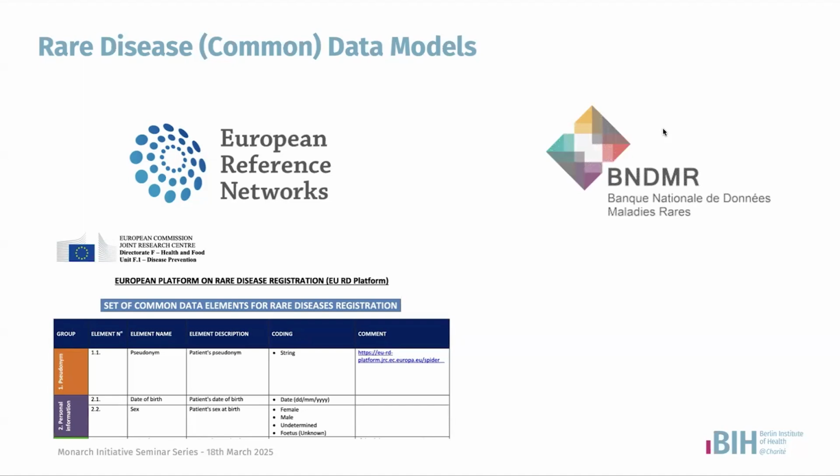One very important example is also in France, the Banque Nationale des Données Maladies Rares. Very interesting that in France they have a French system where, based on this data model, over 1 million patients have already been captured, because the rare disease centers get financed only if they actually capture the rare disease patients with this data model.